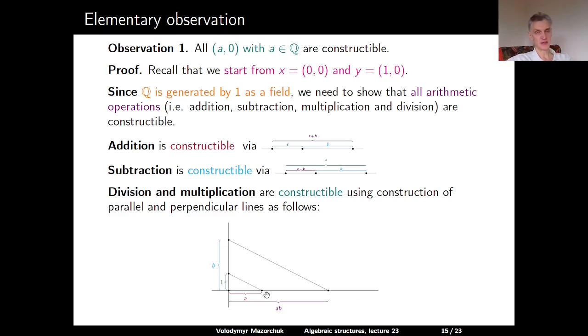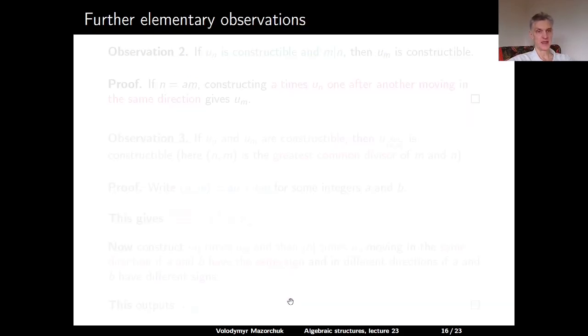So using perpendicular lines we can also construct parallel lines. So if we draw the line through this point which is parallel to this line, then the distance between this point and this point will be exactly ab. And this is a way how we can multiply things using ruler and compass, and from the same picture we can always divide things. So that's our elementary observation 1.